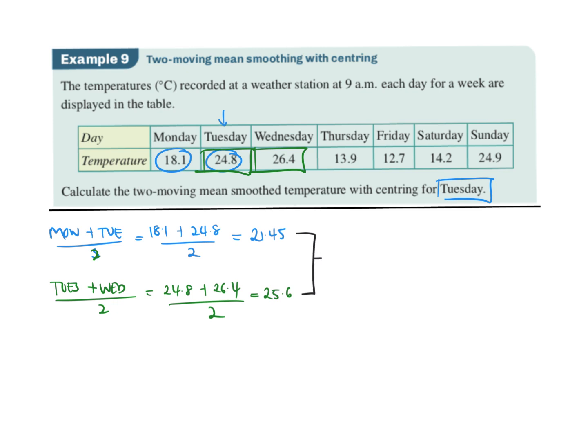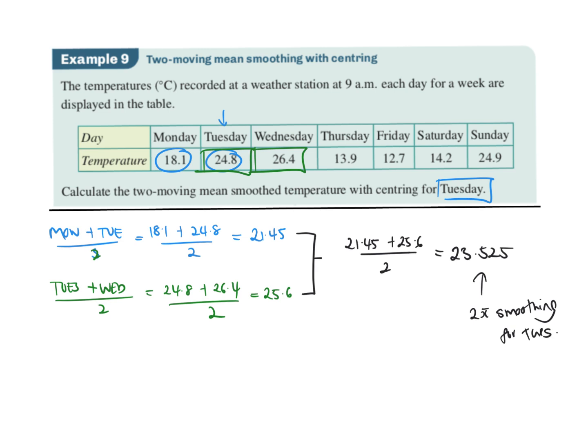This is the centering part. 21.45 plus 25.6 divided by 2, and we get 23.525. So that would be the smooth value for 2 mean. This is the 2 mean smoothing for Tuesday.